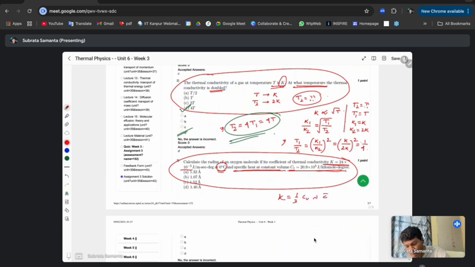Among these, which quantity depends on the radius? Here, what is lambda? This lambda is the mean free path, so this quantity must depend on the radius of the oxygen molecules, because the mean free path depends on it. So what is the expression of the mean free path lambda?